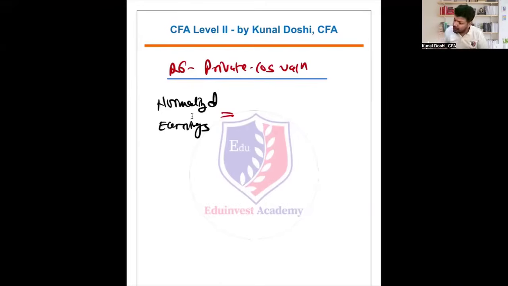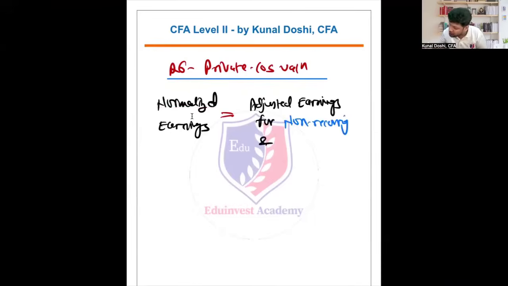So normalized earnings are adjusted earnings, adjusted for non-recurring and unusual items. These, of course, we discussed in the past, and they can be due to gain or loss on sale of an asset.